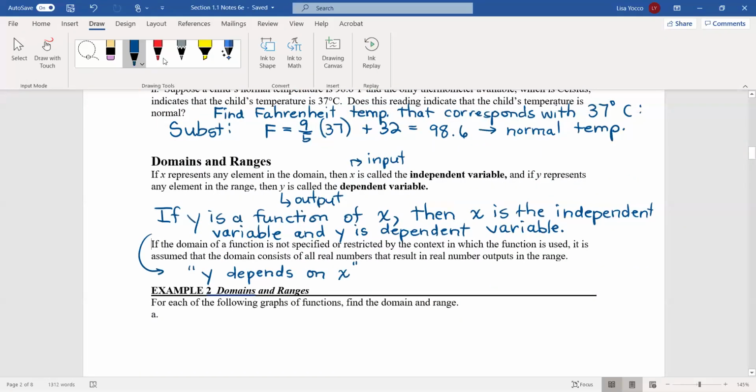So next, the next thing we see right here says if the domain of a function is not specified or restricted by the context in which the function is used, it is assumed that the domain consists of all real numbers that result in real number outputs in the range.